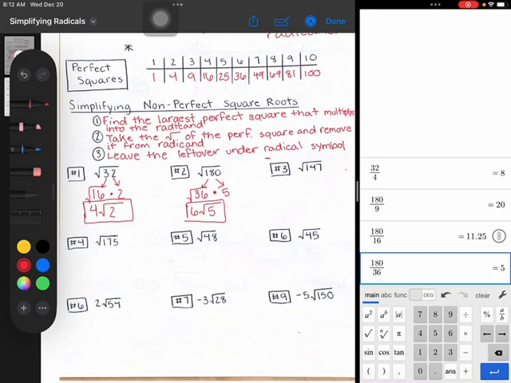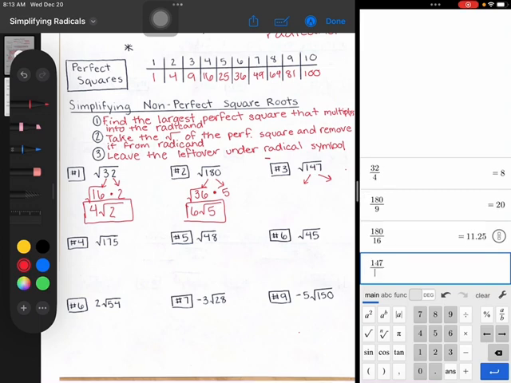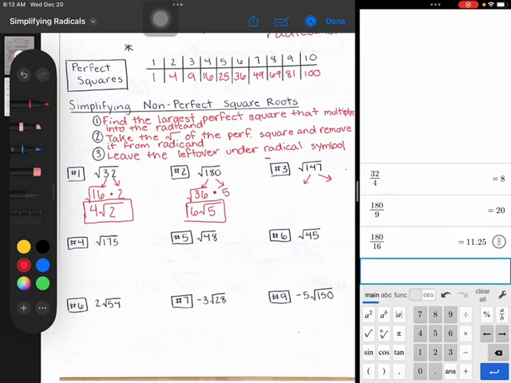Okay, same thing with 147. So I'm looking for 2 numbers that multiply to give me 147, where 1's a perfect square. So let's try 147 divided by 9. Nope, not that one. Maybe let's try an odd one, because I don't think it's 16 or 25. So let's try 49.